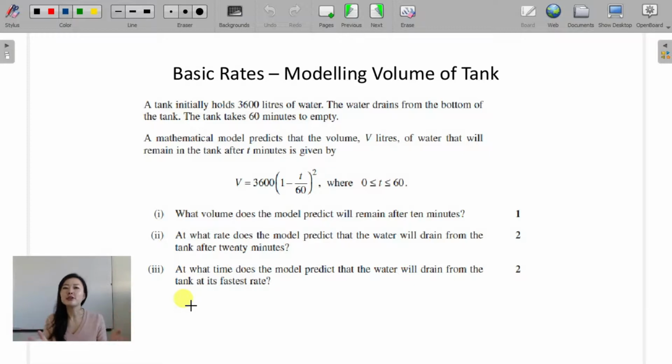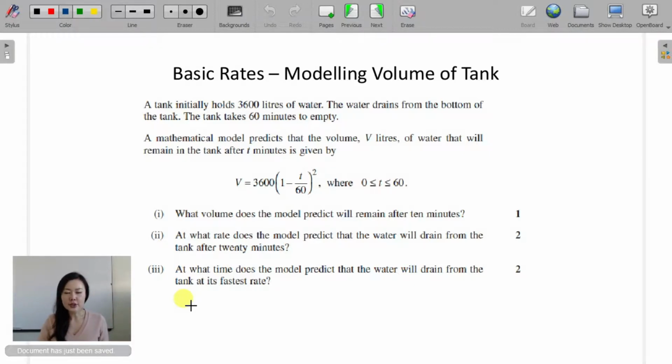Whenever the question is asking for a rate of change, you're looking for the first derivative. And remember what the derivative is. It is to do with the gradient of a function. Gradient is the rate at which y changes with respect to x. That's essentially what it is, so don't overthink it. If you see rate of change, write the derivative. That's all you're looking for.